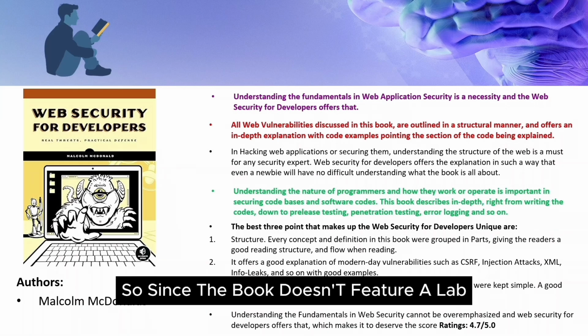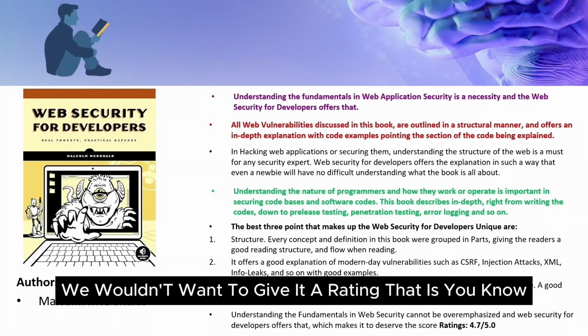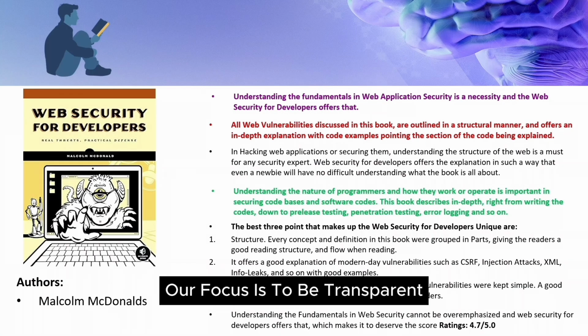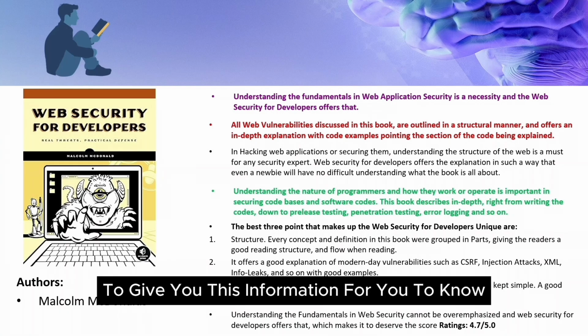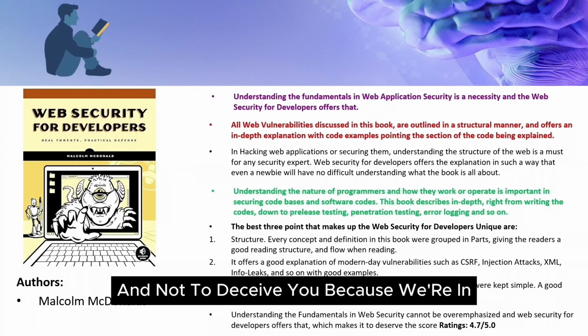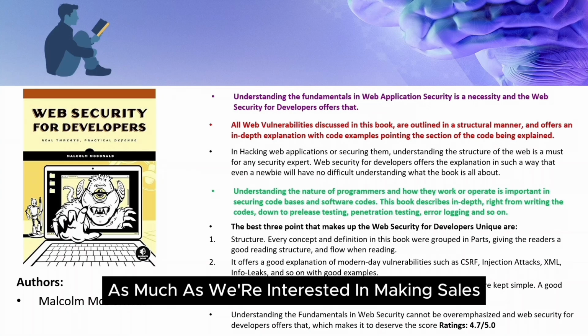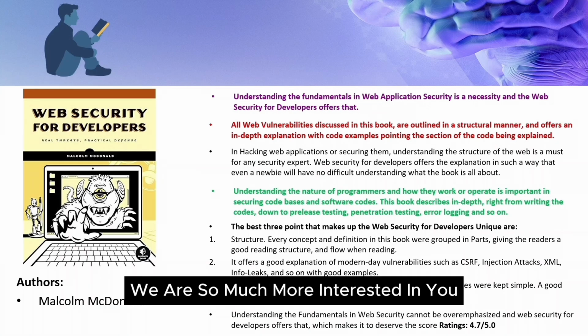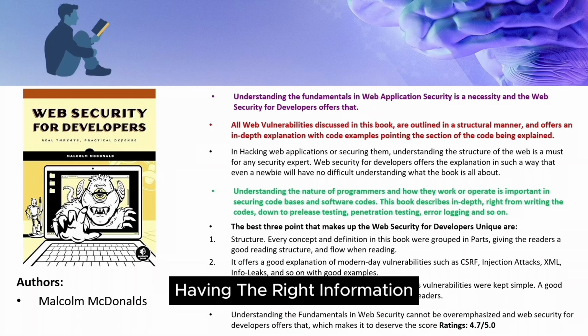So since the book doesn't feature a lab, we wouldn't want to give it a rating that is beyond the scope of the book, as our focus is to be transparent, to give you this information for you to know, and not to deceive you, because in as much as we're interested in making sales, promoting the author of this book's content, we're also much more interested in you having the right information.